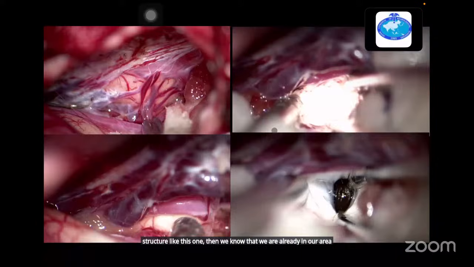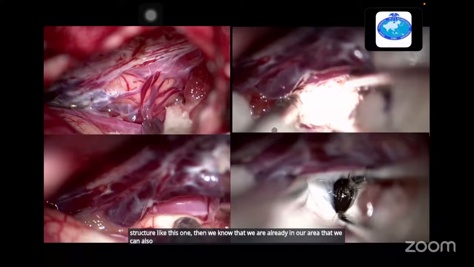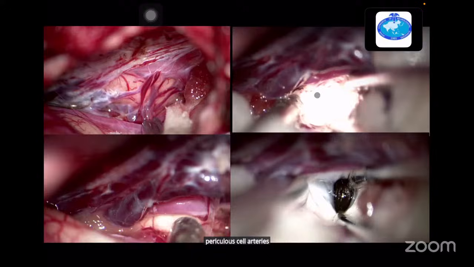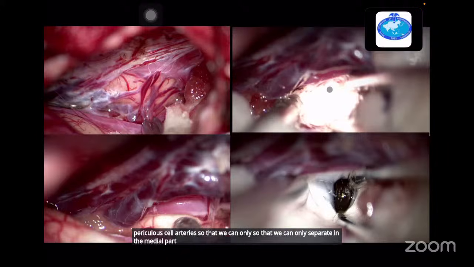We can also try not to dissect the lateral side of both pericallosal arteries, so that we only separate the medial part. With that strategy, it also helps us to keep the pericallosal artery out of our way.